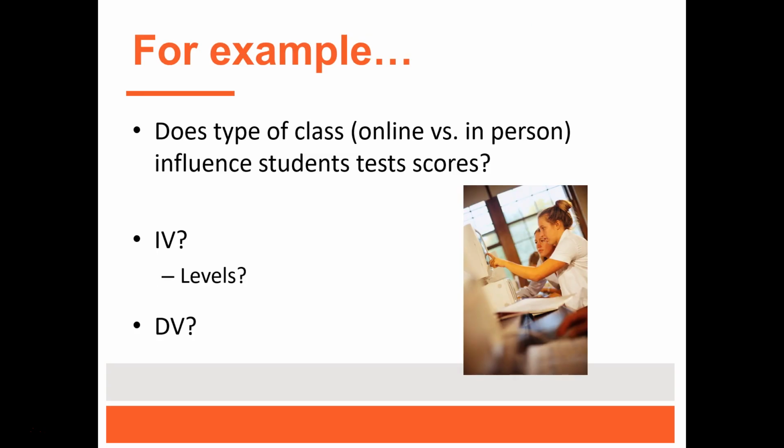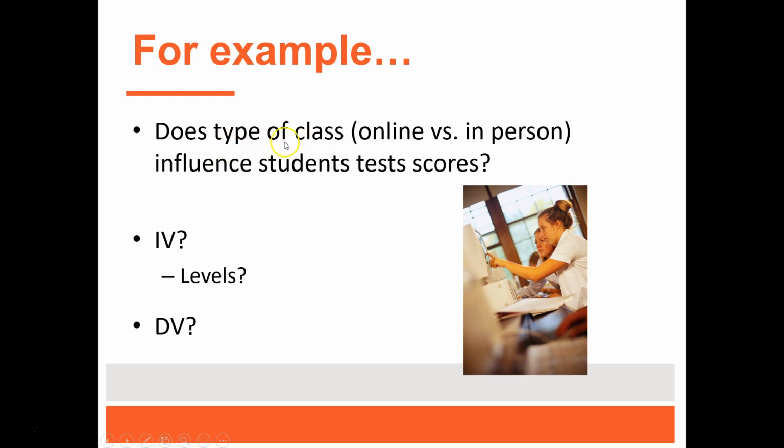So for example, does type of class, online versus in-person, influence students' test scores? So you might want to pause this for a second and see if you can figure out the independent variable, the levels, and the dependent variable. And then when you're ready, start it up again, because I'll give you the answer. So the independent variable here would be type of class.